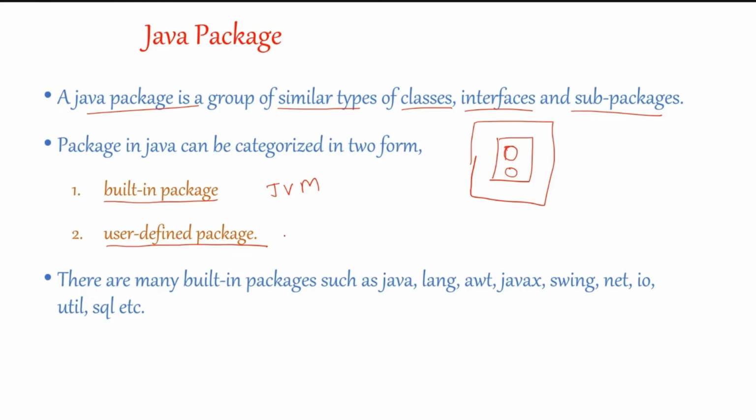And then what is a user defined data type? User defined data type is what you define for your specific purpose. Similarly, some packages are built in, which are given by Java, and some packages, students, are user defined. That means when you are working in some projects, you are making the packages, and those packages are called user defined packages.